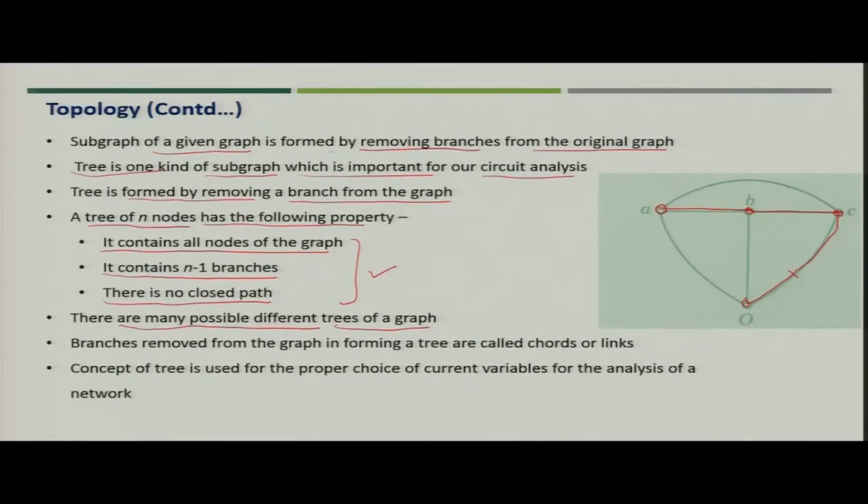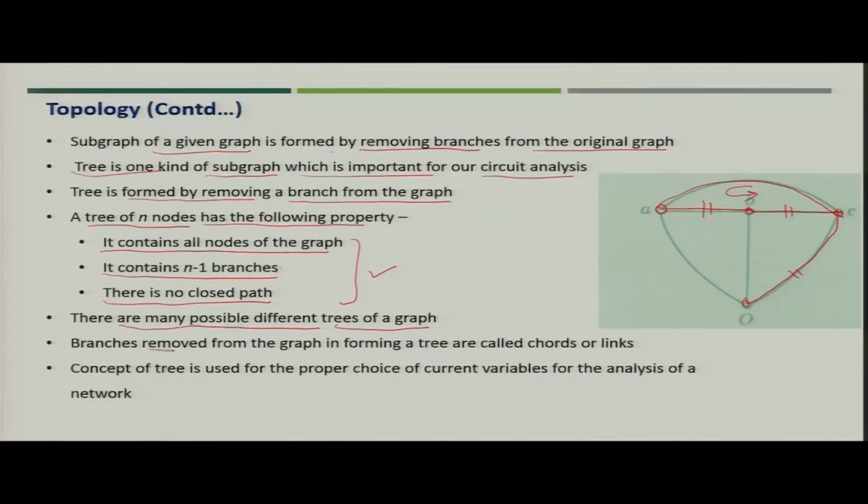In all the cases, there would be precisely 3 branches, because a tree contains n minus 1 branches. So, for 4 nodes, it will always have 3 branches. If you connect more, then definitely you will have one closed loop, which is not allowed in this case. So, a tree will have precisely no closed path.